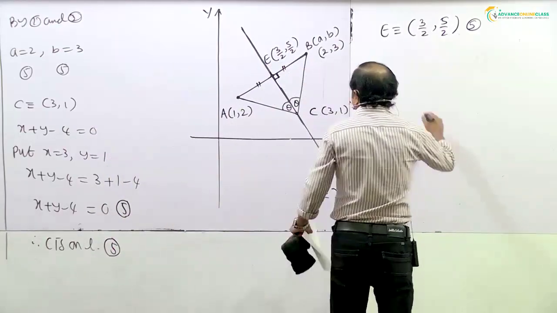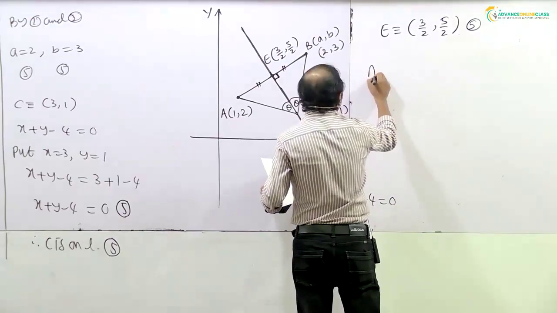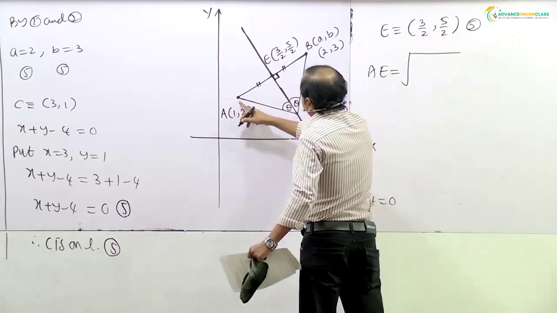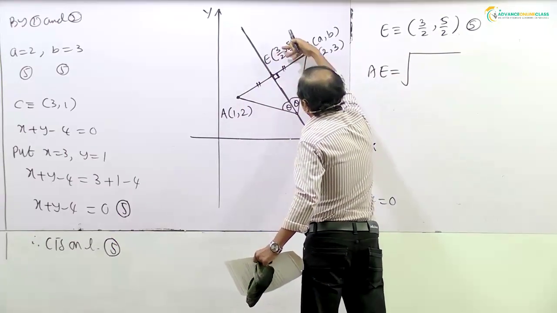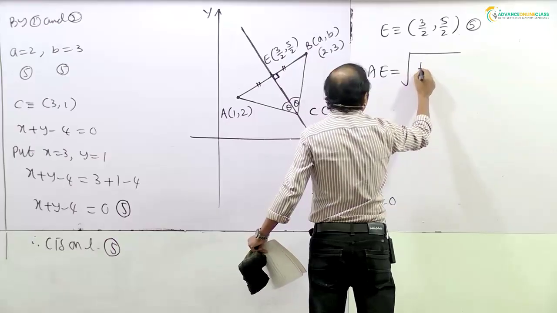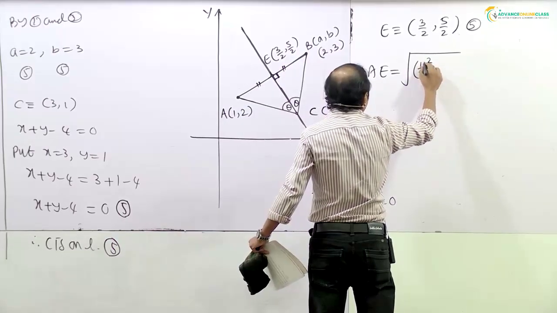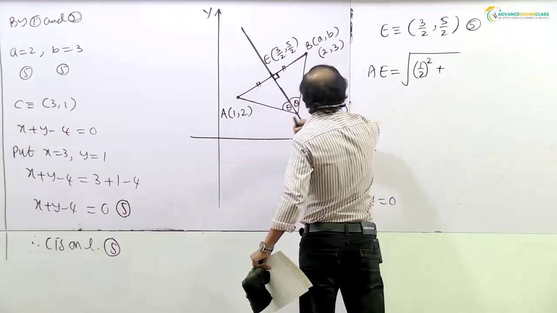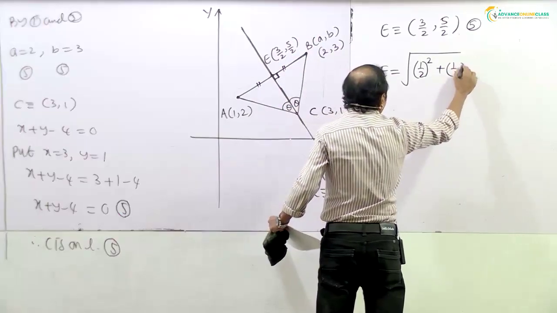Right. Then we can write AE length. How to write distance between 2 points? The difference of x coordinate here, 3 by 2 minus 1, half square. Difference of y coordinates, 5 by 2 minus 2, that's also half, half square.